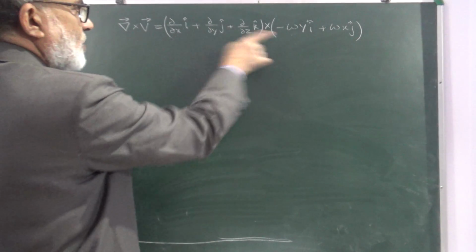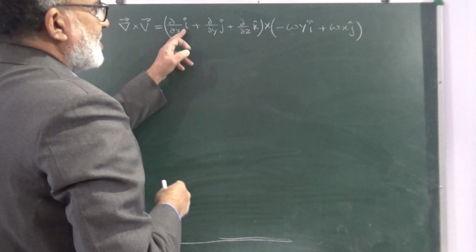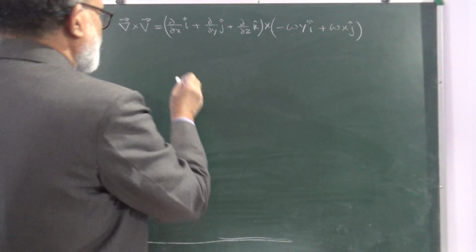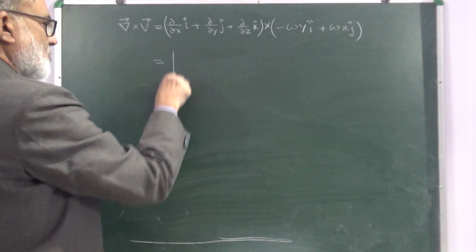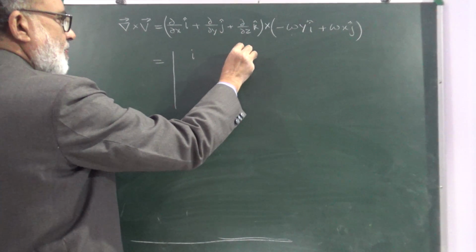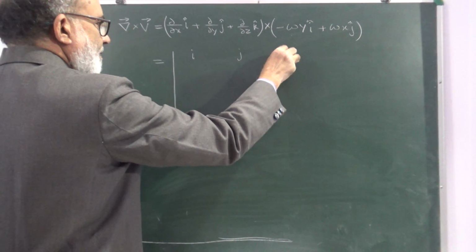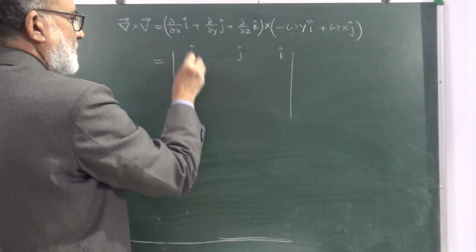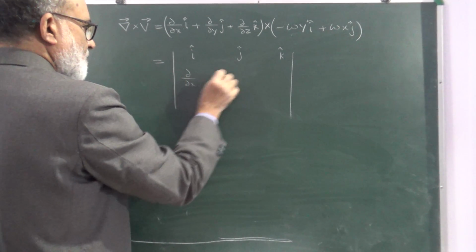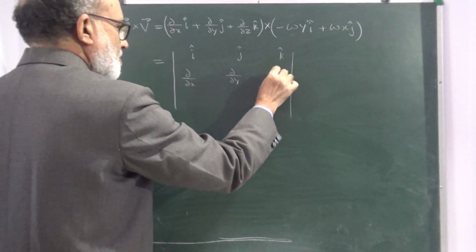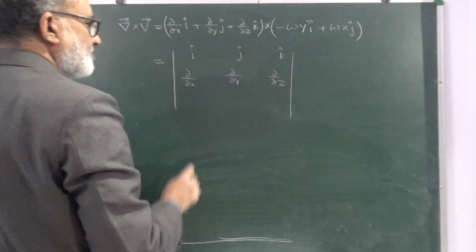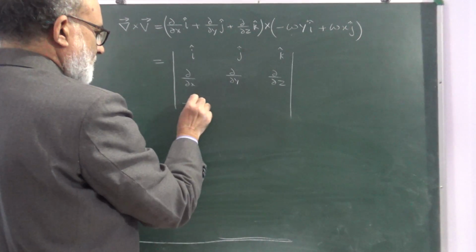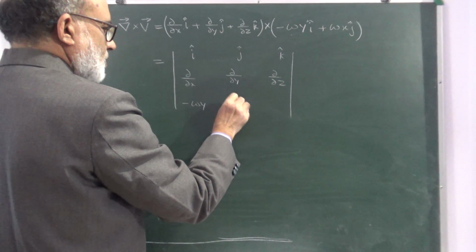You can take i cross i will be 0 and i cross j will be k, or you can take it like this: i, j, k, del by del x, del by del y, del by del z, and cross this: minus omega y, plus omega x.